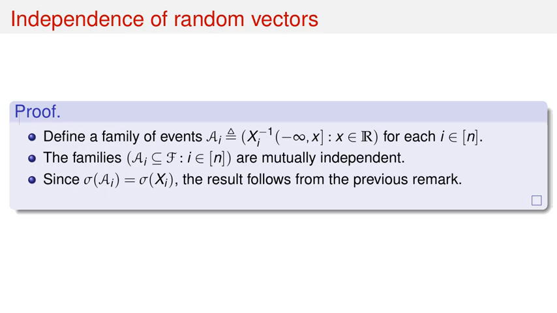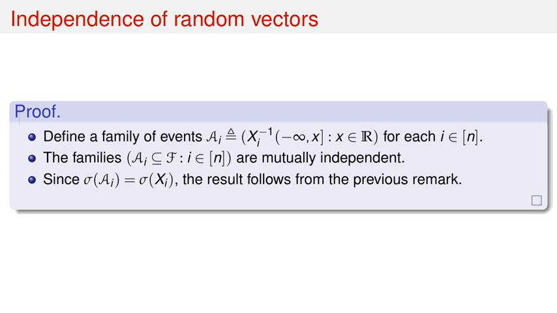The proof outline is to define the family of events script A_i as X_i inverse of (minus infinity, x] inclusive, for x in R, for each i. The independence of the random vector X means these families script A_i for i in 1 to n are mutually independent.